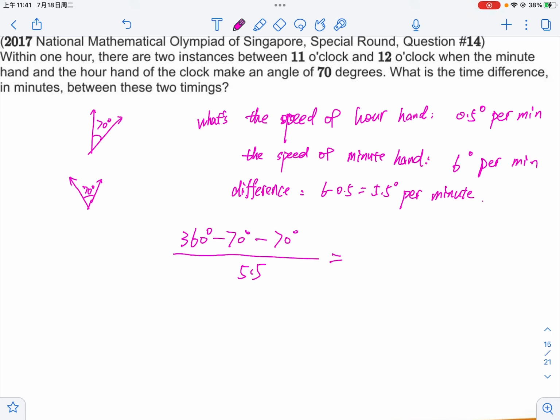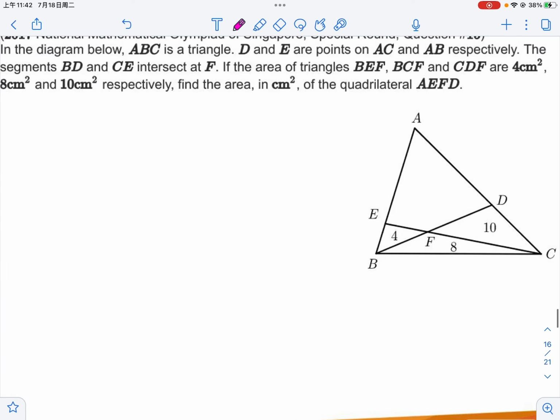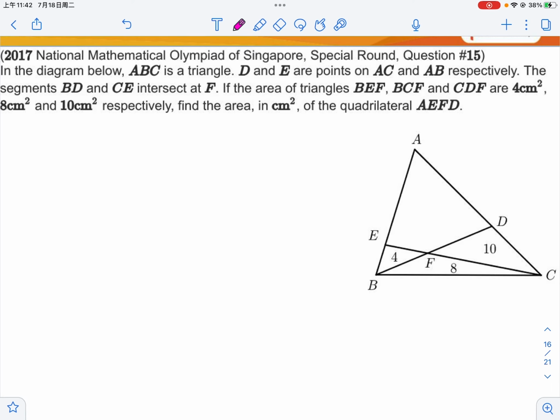It will become 220 divided by 5.5. The answer will be 40 minutes. This one is a very easy question. You just find the difference of the distance and the difference of the speed, then divide the difference of the distance by the difference of the speed. Then you calculate the time. It's 40 minutes.